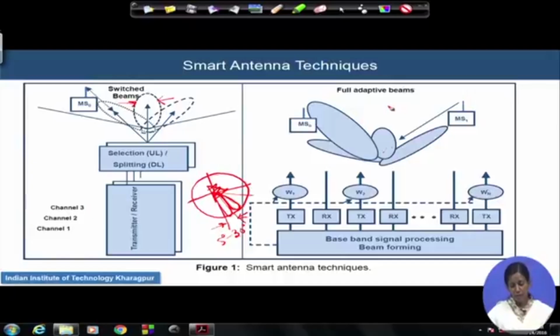But really, frankly speaking, it is very hard to implement in practice, because then you need to know the continuous channel condition, and the complete channel vector information should be there with you a priori over the trajectory of your movement, and based on that these weight vectors will be continuously applied, such that the SNR can be maximized at your end.